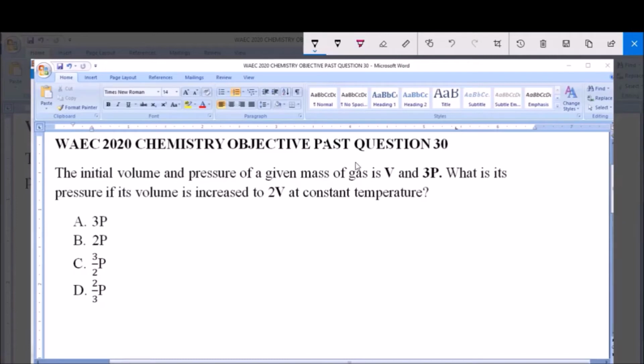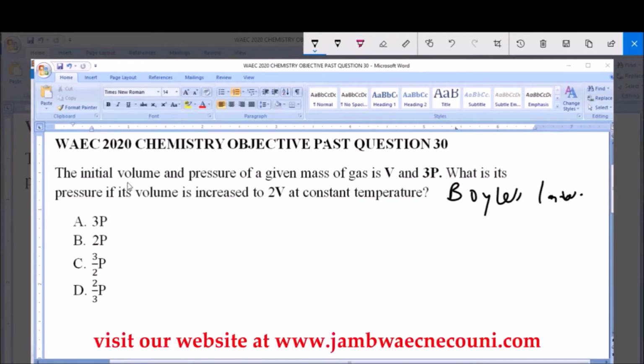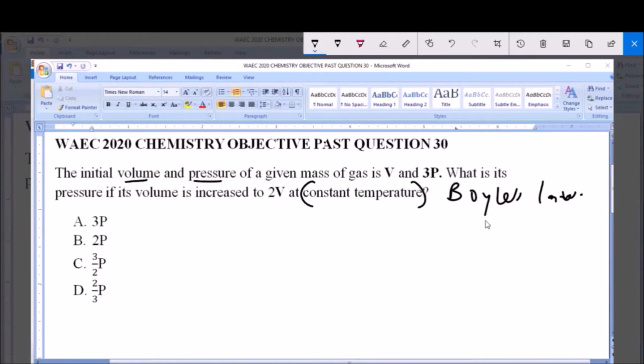So this is Boyle's law, because in this you are dealing with volume and pressure at constant temperature. So you know that the mathematical expression for Boyle's law is P1V1 is equal to P2V2. It shows inverse proportionality between volume and pressure of a mass of gas.